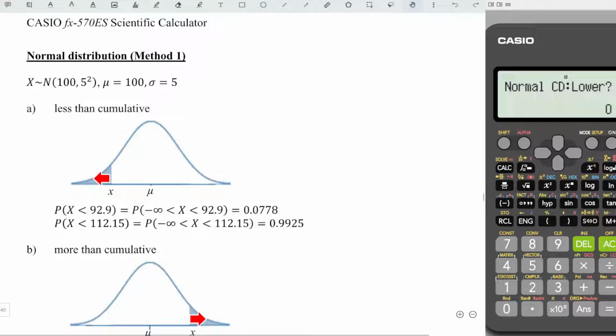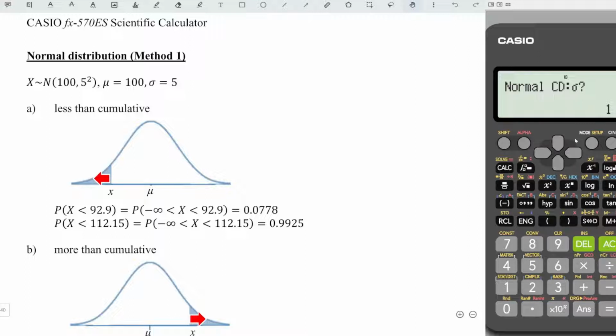If we go to the left, which means that starting from negative infinity up to x. And for the negative infinity, we can input as negative with a very big number, for example, 99,999. Press equal, and for the upper is the point that we stopped, which is 92.9.